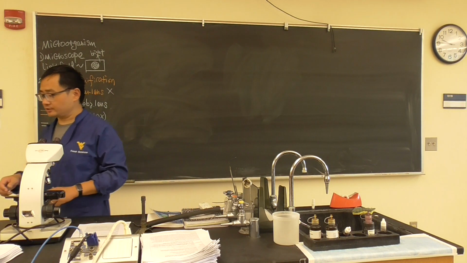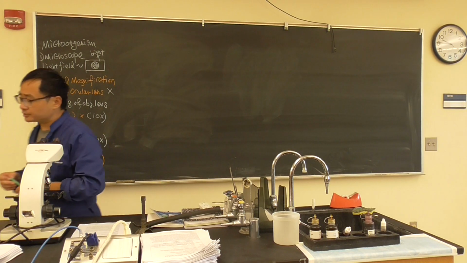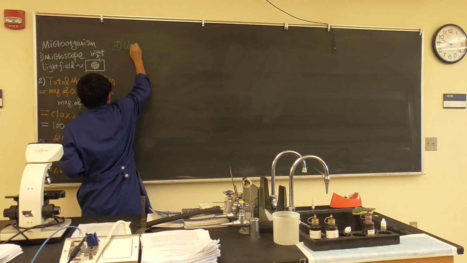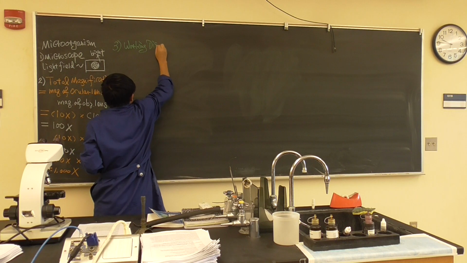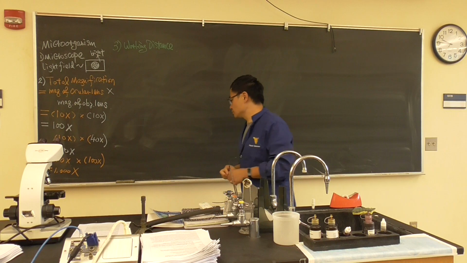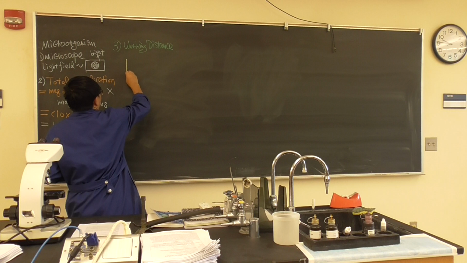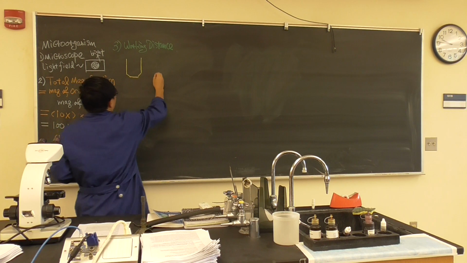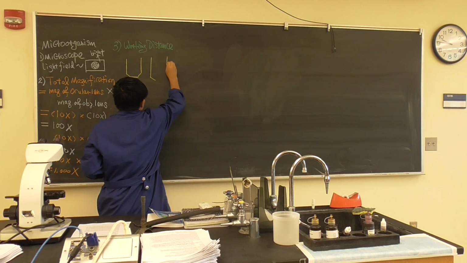Second thing, we want to mention the working distance. So let's just write number 3. The working distance. Okay, what is the working distance? Here is lens, objective lens. Okay, we basically have 4. So we're going to draw like that.